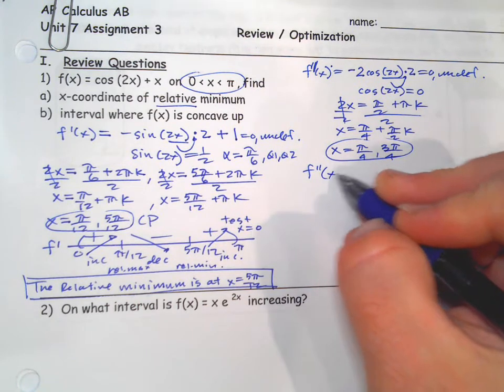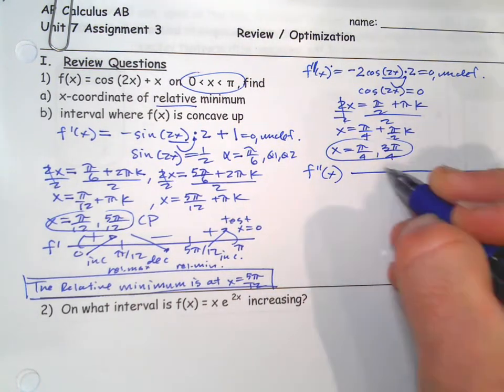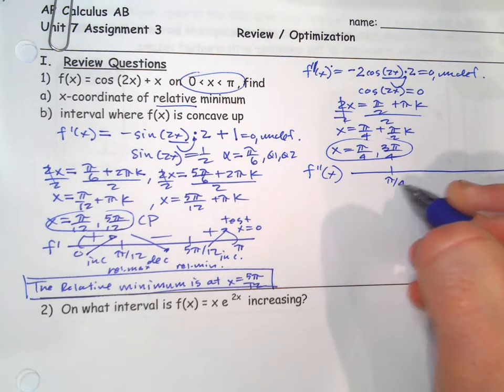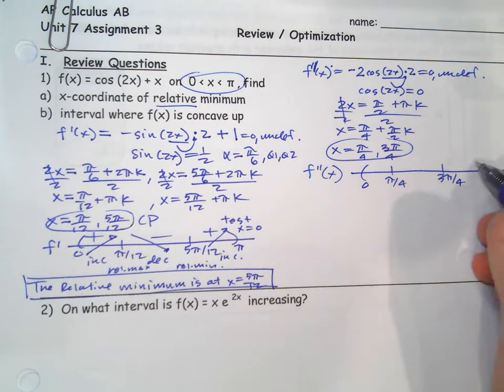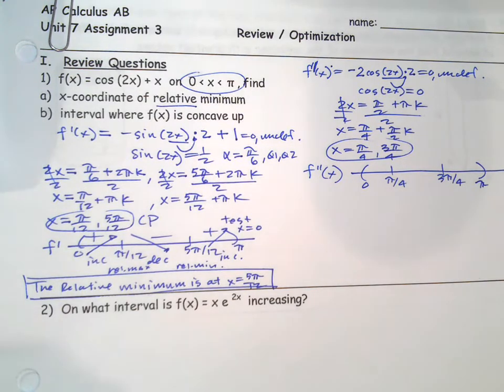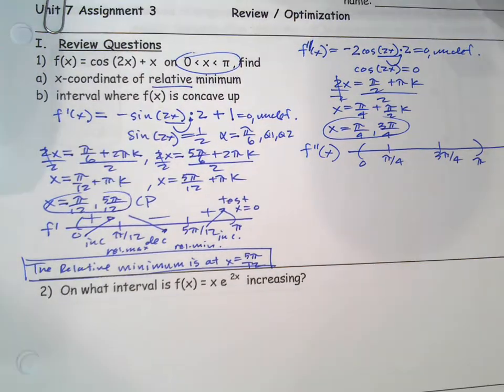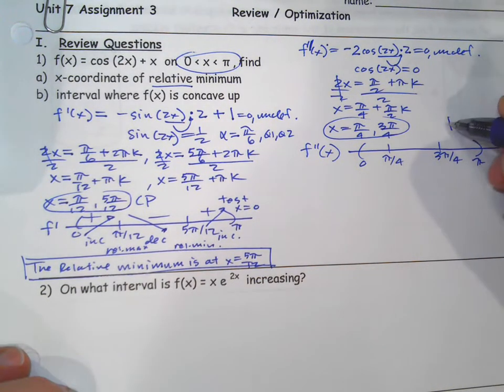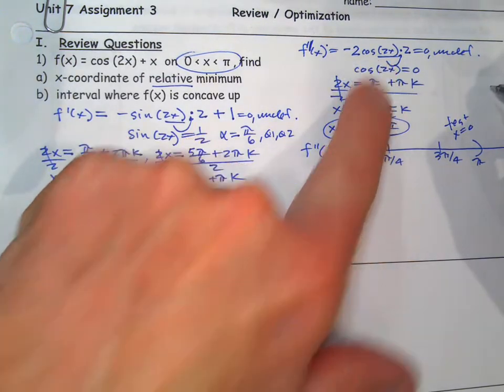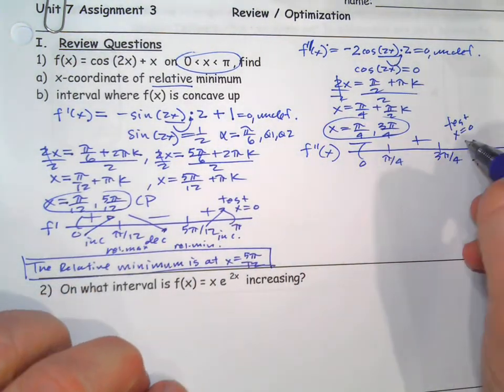Label your line check. Put these guys on there. Put your boundaries. Okay, so let's see, we're going to test x equals 0. That's going to be negative, positive, negative.